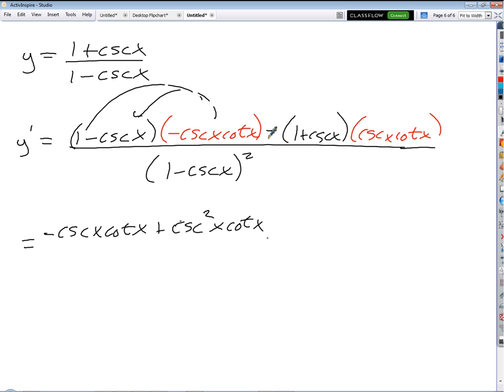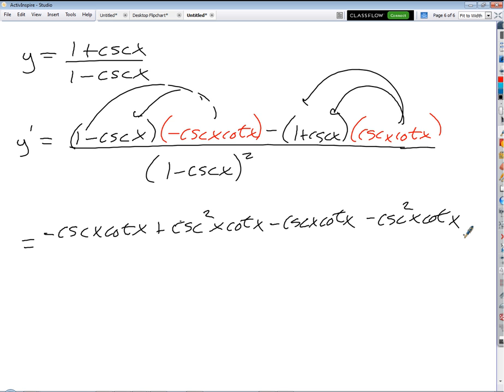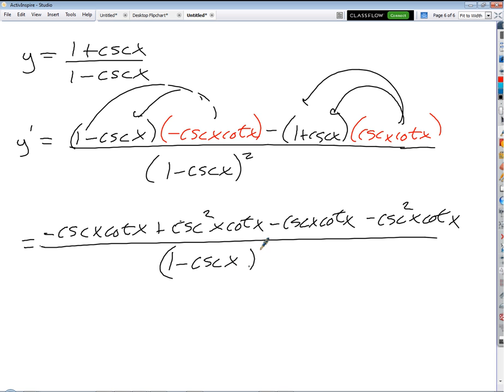So if I distribute the -1 all the way through, I'm going to get minus cosecant cotangent minus cosecant squared cotangent x, right? All over 1 minus cosecant x quantity squared.